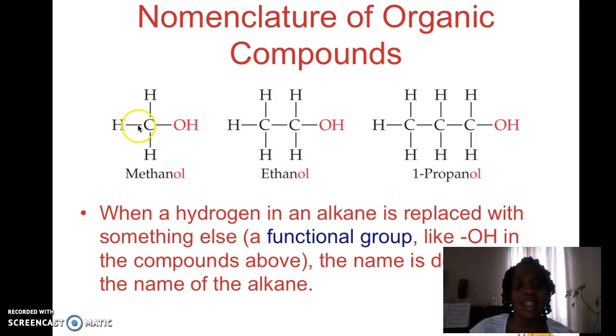So this is meth for 1 carbon, methanol, ethanol, propanol. And in this case, this number tells me that the special group is located on the first carbon, because once you have 3 carbons, there is more than one possible position. It could have also been on the middle, in which case it would have been 2-propanol.